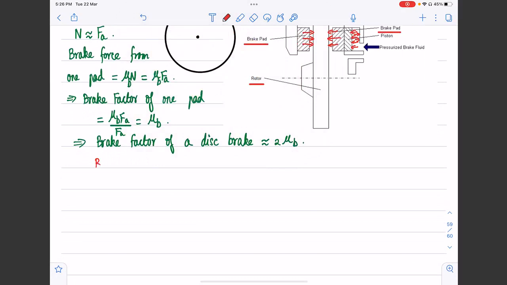Okay, so that is something which is a given. So the brake factor of the drum brake is greater than the brake factor of a disc brake for the same value of mu_B.